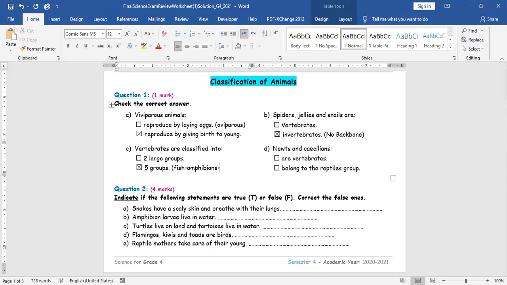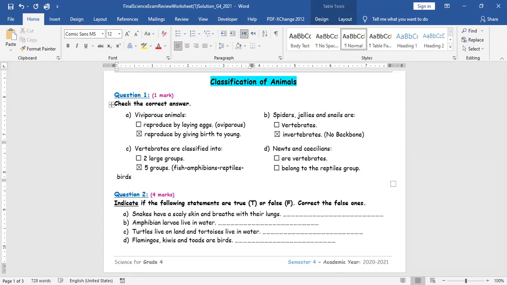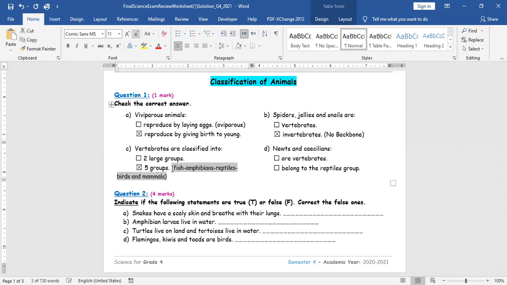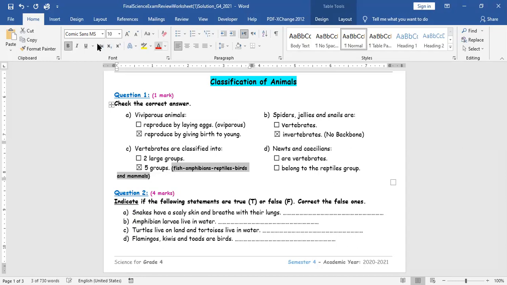Fish, amphibians, reptiles, birds, and mammals. Okay, these are some notes to help you while studying.